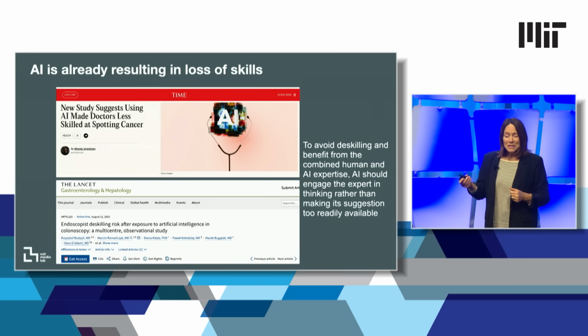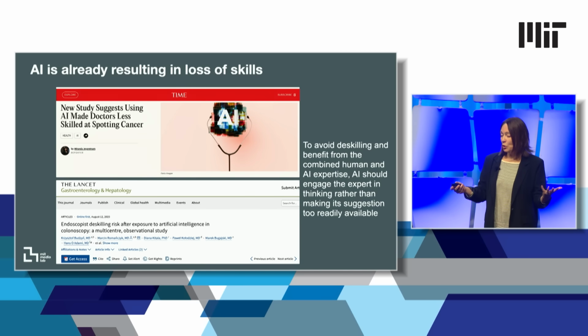Now, AI is also resulting in the loss of skills, actually. A study done by other people showed that oncologists who use AI for 3 months become less good at spotting cancerous spots in medical images because they rely so much on the AI that they lose their own skills that they previously had.